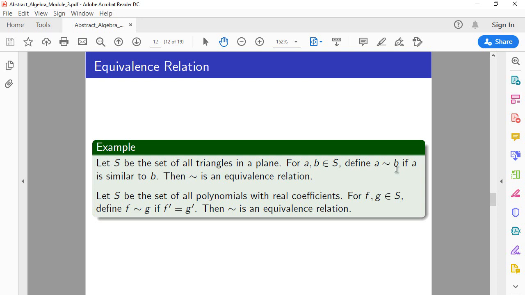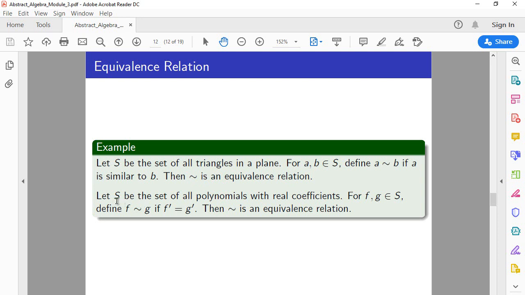If A and B have the same angles, then B and A have the same angles, so if A is similar to B, then B is also similar to A, so it's symmetric. And for transitivity, if A is similar to B and B is similar to C, then A would be similar to C as well. That is, if the angles of A and B are the same and the angles of B and C are the same, then the angles of A and C must be the same. So the first relation is an equivalence relation.